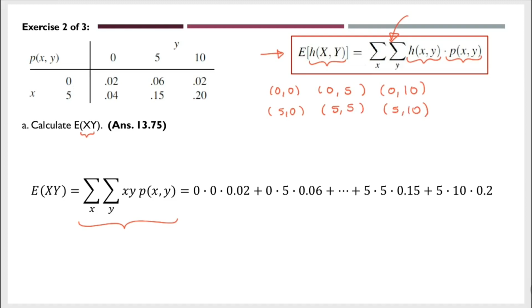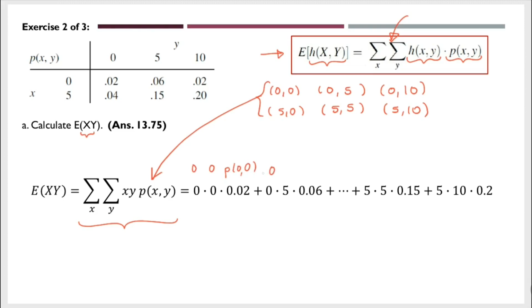And then we're going to make sure now that we take each one of those pairs and we're actually going to substitute them in here, each one at a time. So first we take 0, 0. So in other words, here 0 times 0 times p(0,0). You get that? The next one is 0, 5.